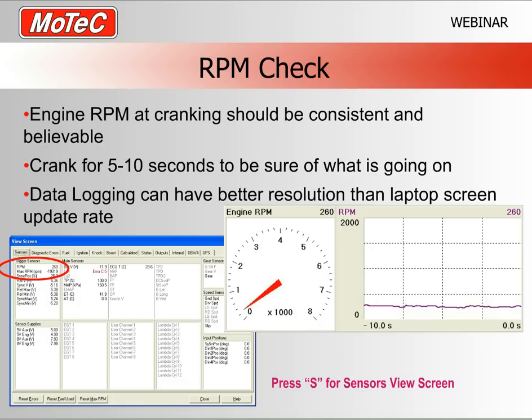So most of the time, if I was trying to solve this via email or the phone, I would request some data logging, and I would have the customer log the RPM at the maximum rate, which was 200 hertz, and you'll actually see a little bit more information in the RPM trace in the logging compared to what you see on the laptop screen.